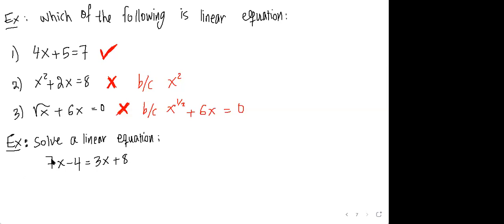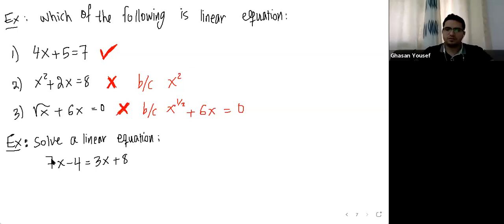To solve something like this, I prefer to move all the variables to one side and all the numbers to the other side. For the variables, this is 7x, and this is also 3x.